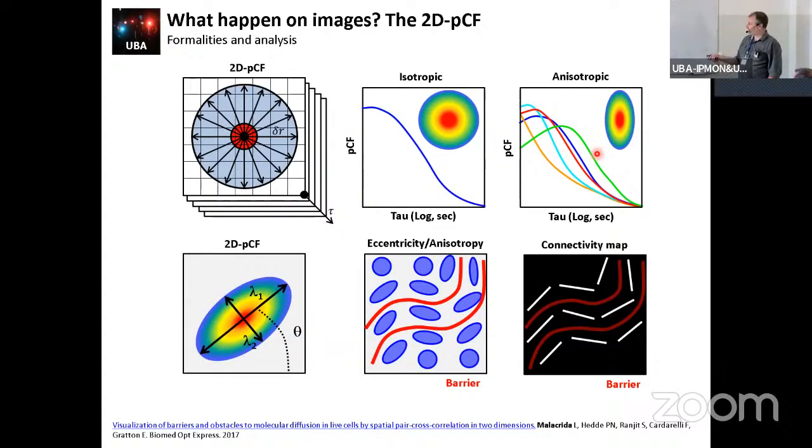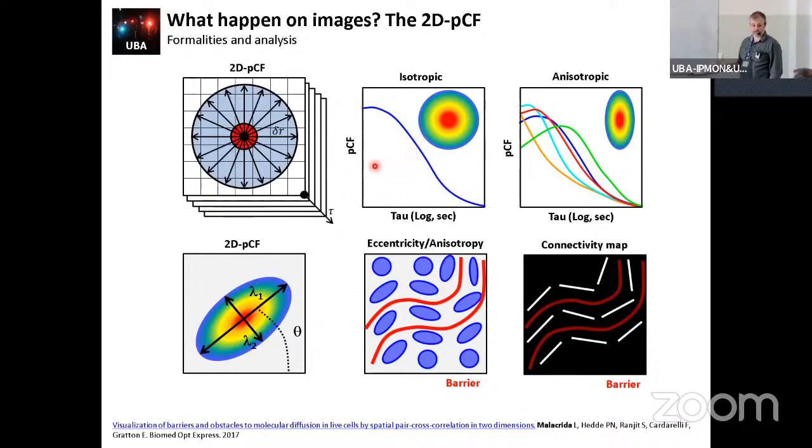How can we analyze this information? Well, in principle, we can use some algorithms to measure the first and second moment of this distribution, which is basically the long and the short axis of this distribution, pixel by pixel. So what we do first is calculate the pair correlation function for all the pixels in the image.